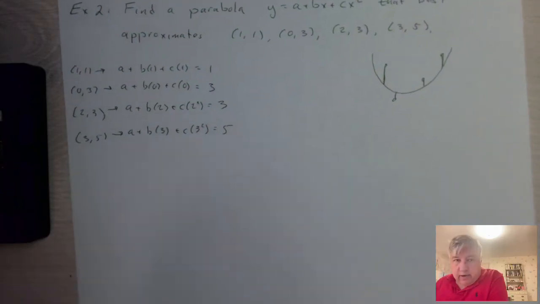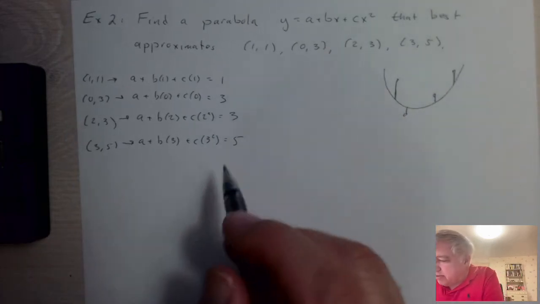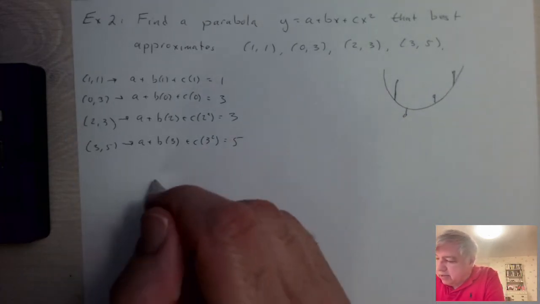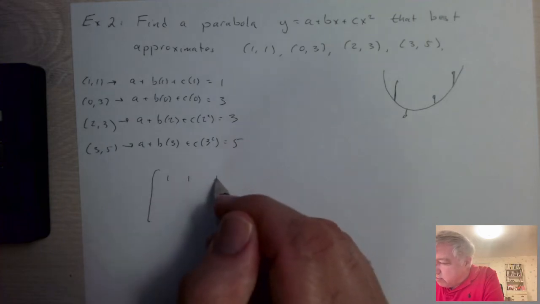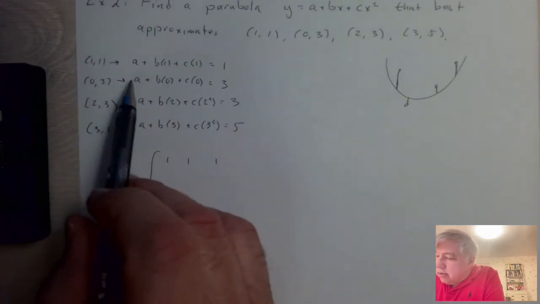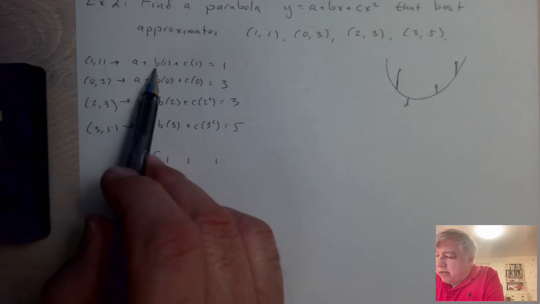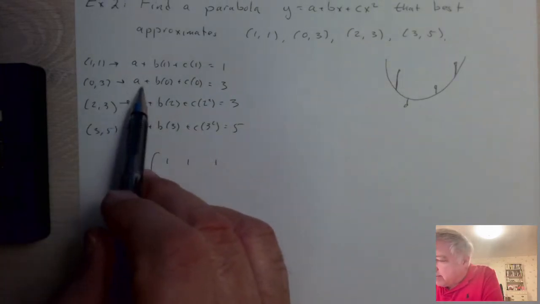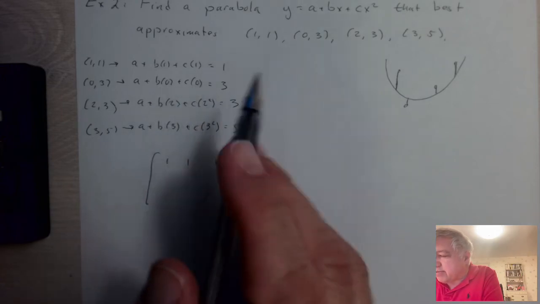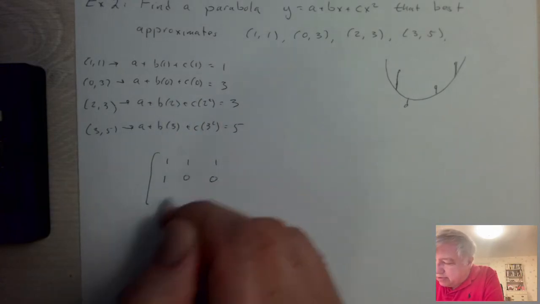Now what this means, matrix-wise, is that we have this matrix. We have 1, 1, 1, because it's 1 times A plus 1 times B plus 1 times C. And here we have 1 times A plus 0 times B plus 0 times C, so it's 1, 0, 0.